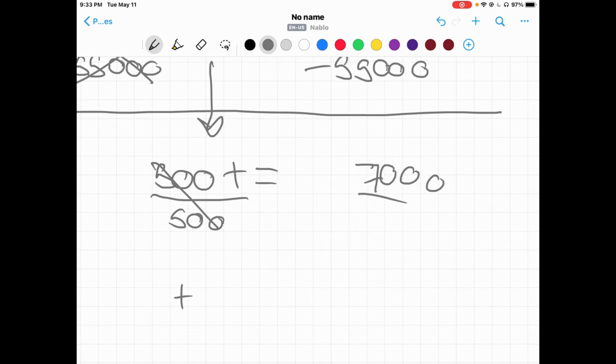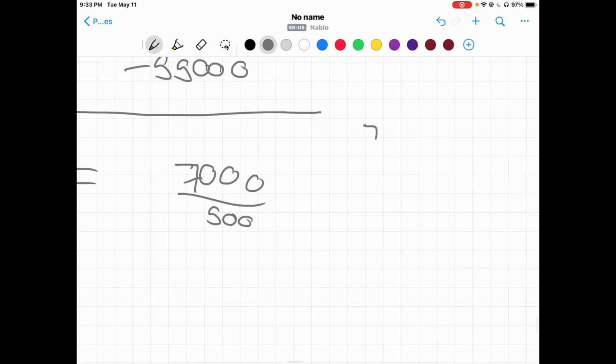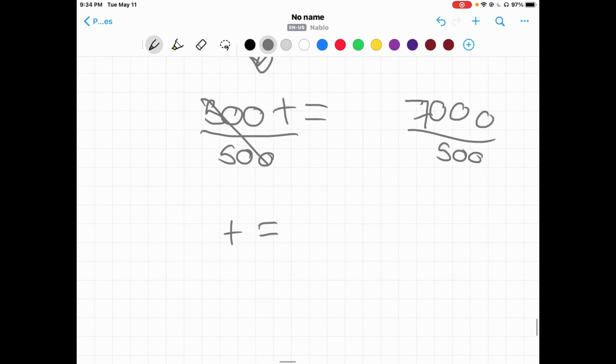And we will be left with T is equal to, well, let's do this real quick, 7,000 divided by 500, so it goes in one time, we're left with 2, bring the 0 down, it goes in 14 times, so T is going to equal 14.